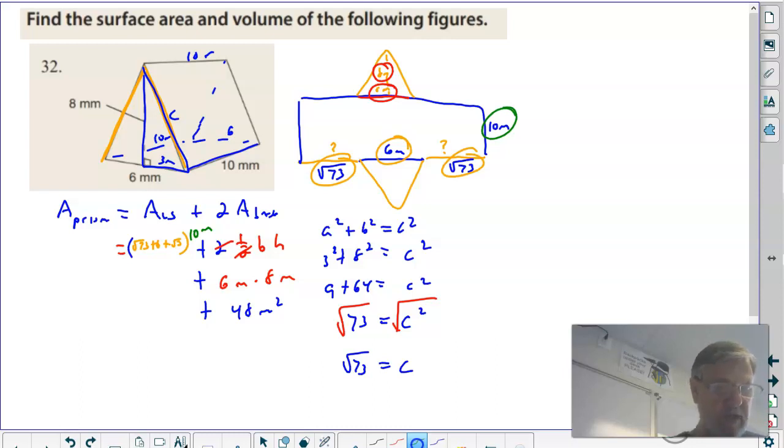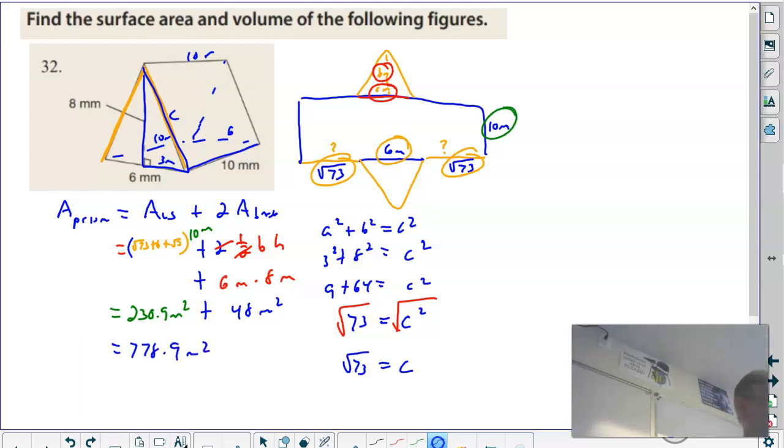There's 2 of them, so times 2, plus my 6. And that part is 23.08 or 23.1. Then times my 10. And so watch, this lateral surface is 230.9. And I'll give you a little leeway there on that, meters squared. So add in the 48 for the 2 bases, and I get 278.9 meters squared.